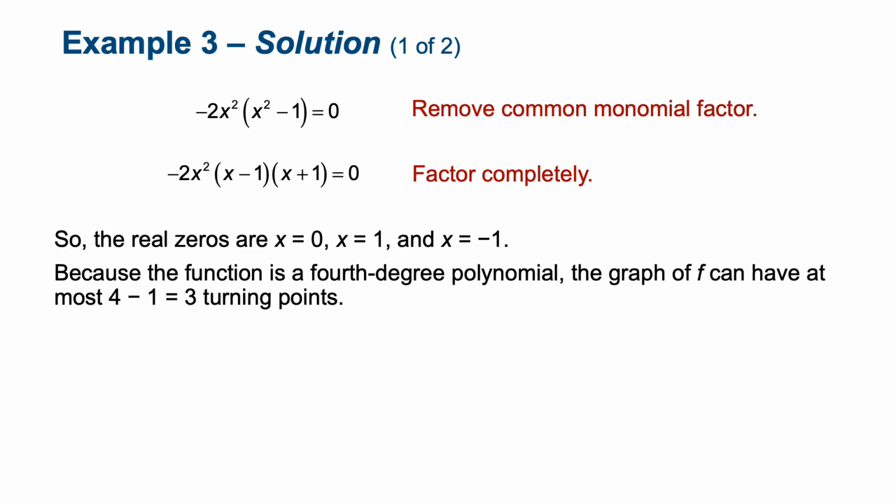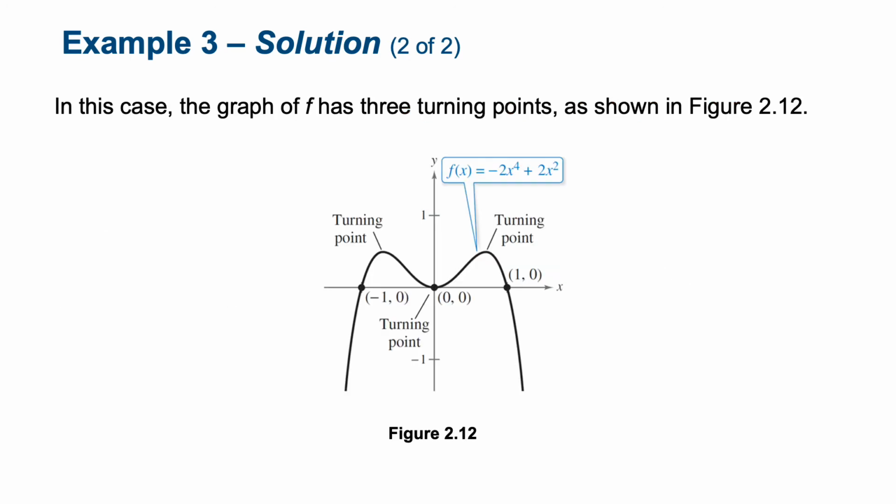Okay, so what does that look like graphically? It looks like, okay, so this graph has 3 turning points. So it goes from negative to positive, it increases here. It increases and it changes direction here to decreasing, then it changes direction again to increasing, and then changes direction again to decreasing. In other words, this is a maximum relative to everything else, right?